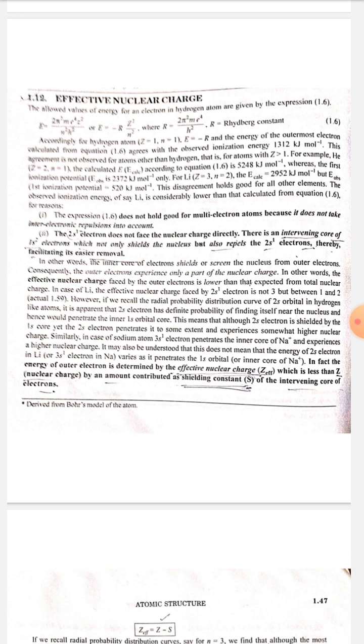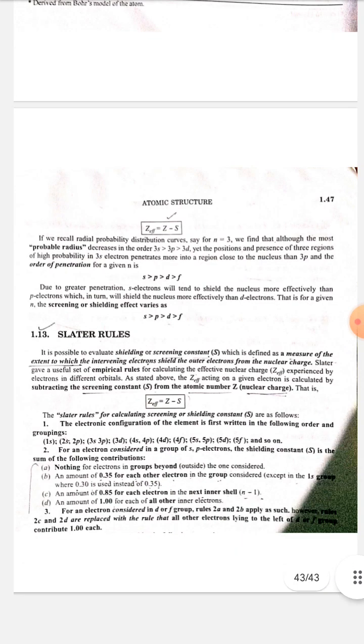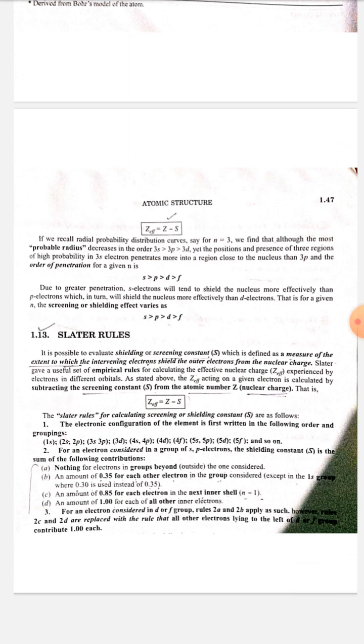It may also be understood that this doesn't mean that the energy of the 2s electron in lithium or the 3s electron in Na varies as it penetrates the 1s orbital or inner core of Na⁺. In fact, the energy of the outer orbital is determined by the effective nuclear charge Z effective, which is less than the nuclear charge Z by an amount contributed as the shielding constant S of the intervening core of electrons.